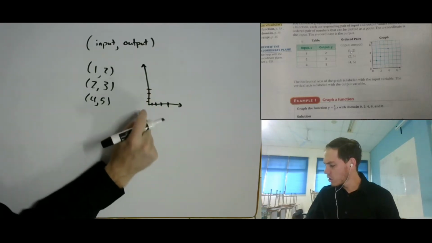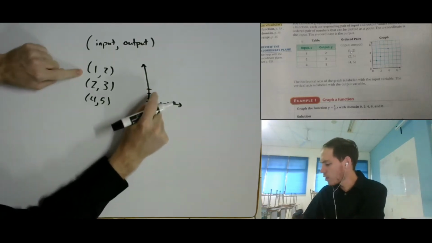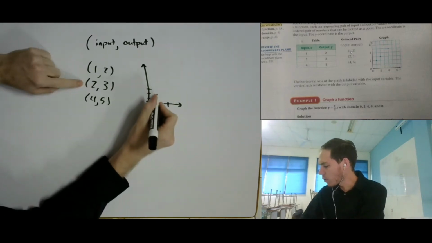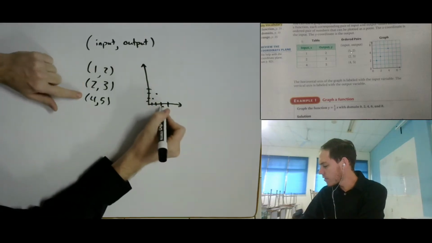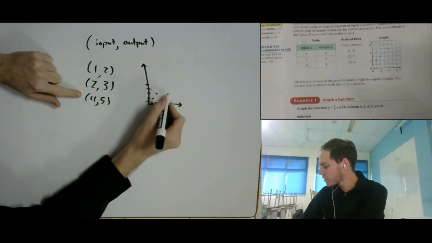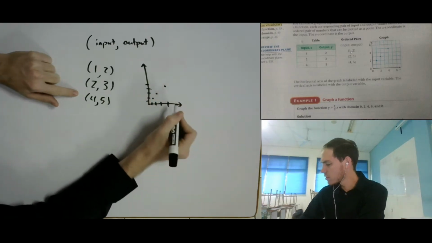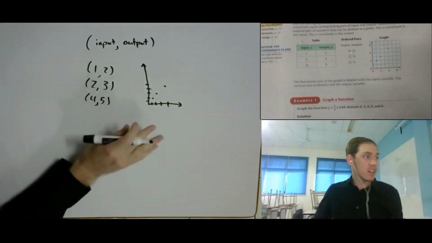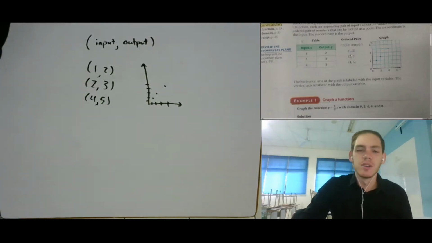Notice we choose our x coordinate 1 and our y coordinate 2, our x coordinate 2 and our y coordinate 3, and finally our x coordinate 4 and our y coordinate 5. Okay, so that should be it. If you have any questions on how to get that, ask; otherwise we'll continue on.